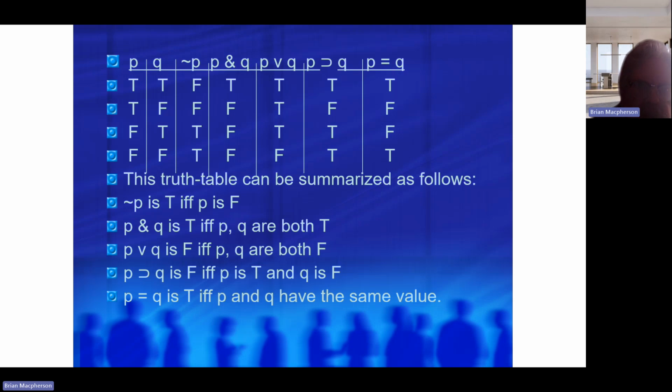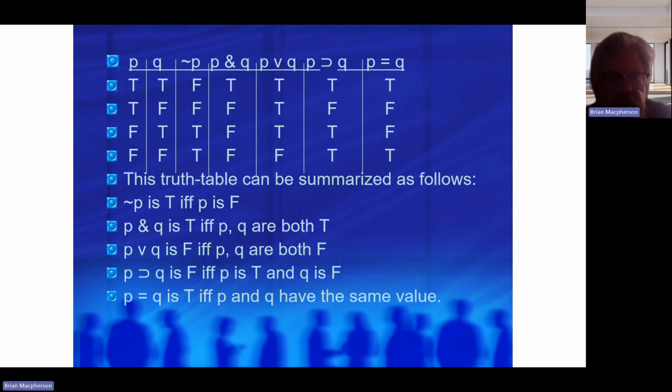P then Q is just P horseshoe, or arrow, or whatever convention you want to use, Q, and then P double bar, or sometimes people translate it as triple bar Q, is P if and only if Q. So the 5 connectives then are tilde, not; ampersand, conjunction; wedge, inclusive or; horseshoe, if then, which is sometimes known as the material conditional; and the double or triple bar, P if and only if Q, all right?